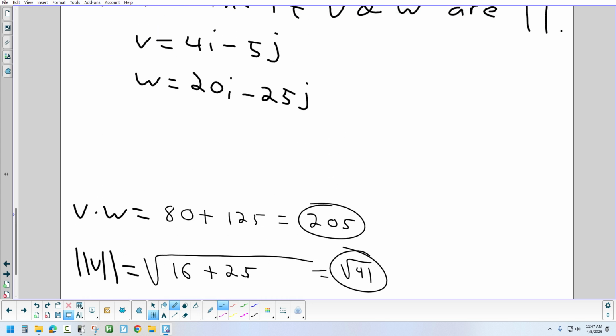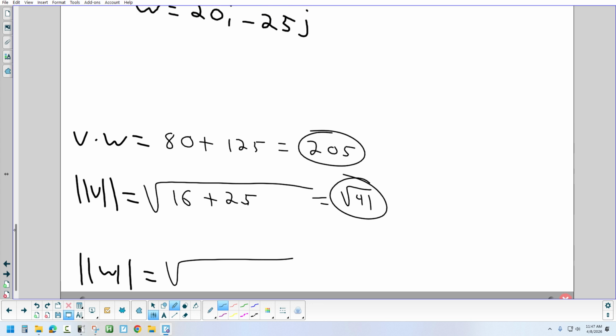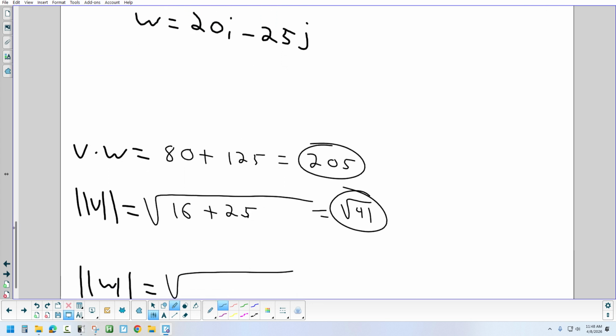What's going to be the two numbers that I add up under the square root for magnitude of W? Caleb? 20 squared. And how much is 20 squared? 400. And 25 squared. What's 25 times 25?